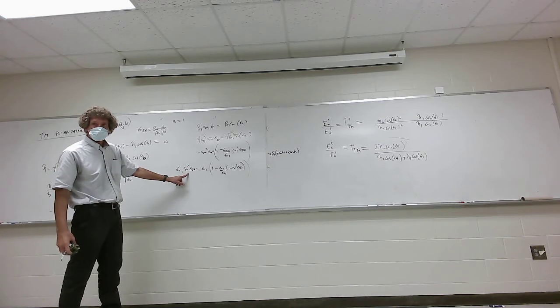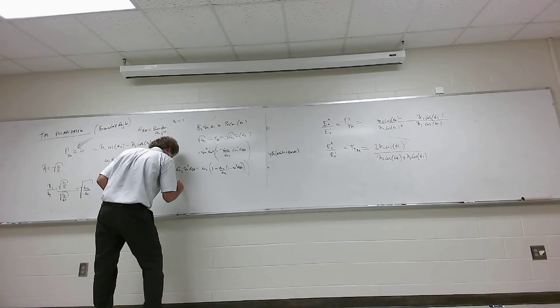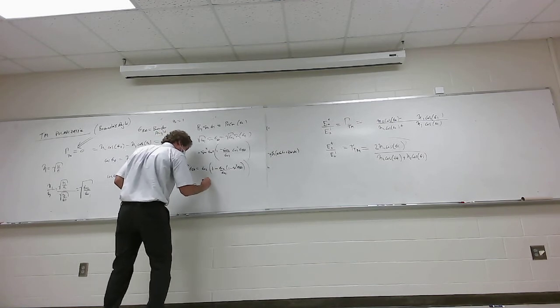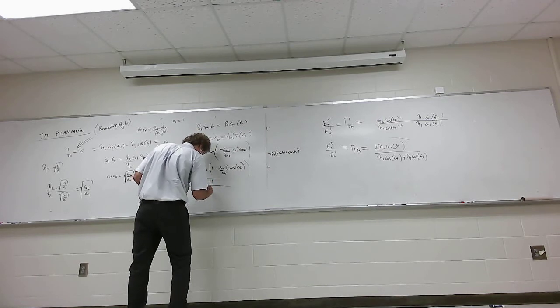I'm just going to get to the bottom line because we're about out of time. You'll find out that the sine of the Brewster angle will be equal to the square root of 1 over 1.